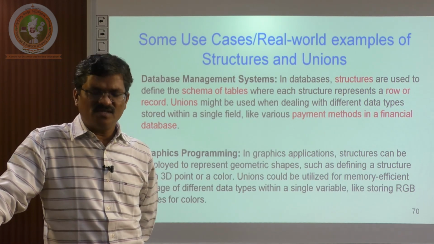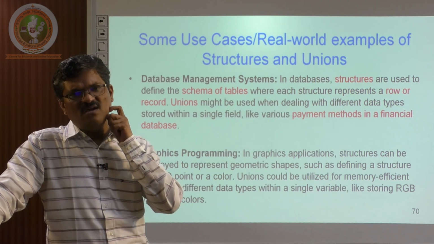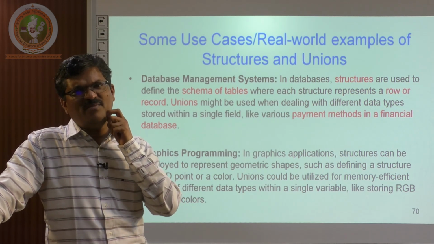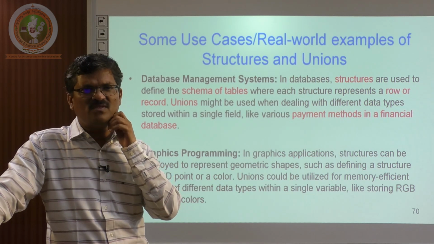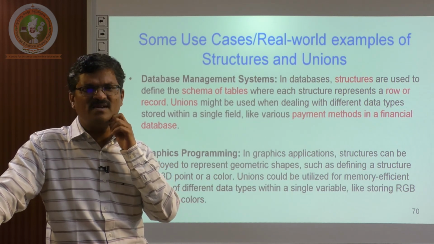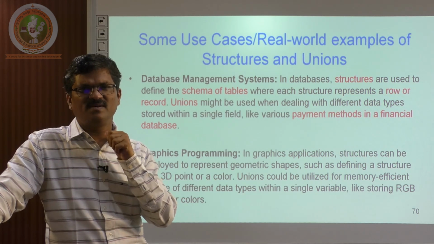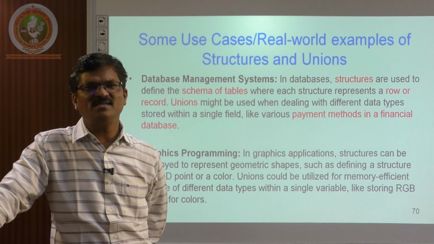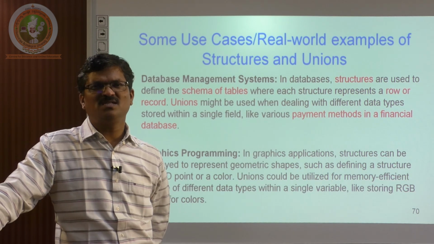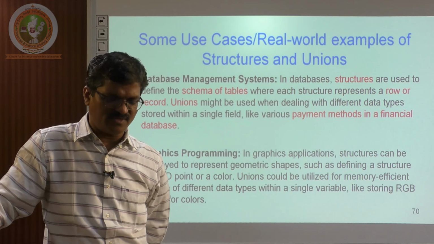Got it? In the same way, if we speak about a union, a union might be used when dealing with different data types, as we have discussed, stored within a single field, in scenarios wherein a single variable or attribute can be accessed at a given time. As an example, one usage scenario I can tell is payment methods in a financial database.